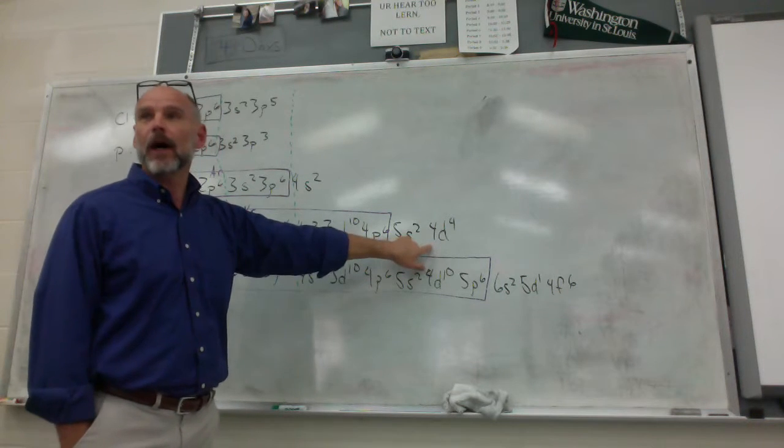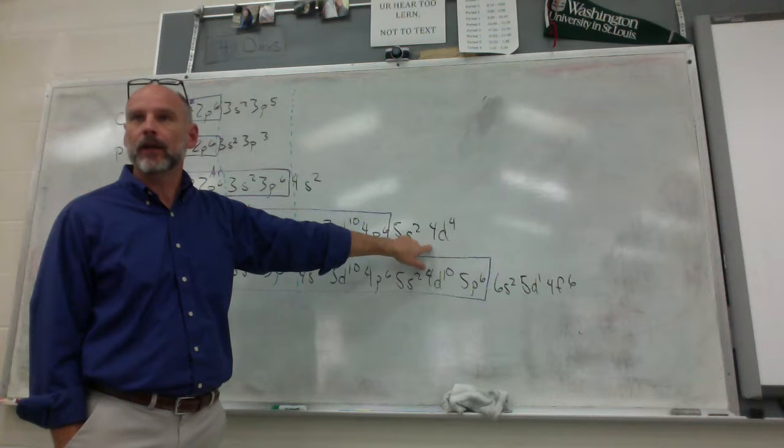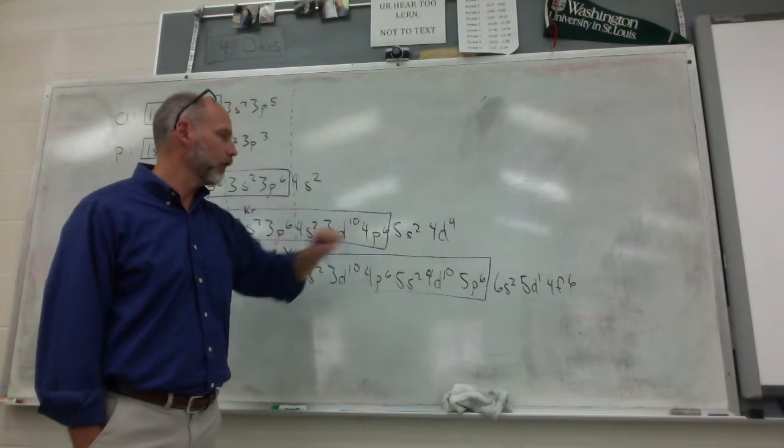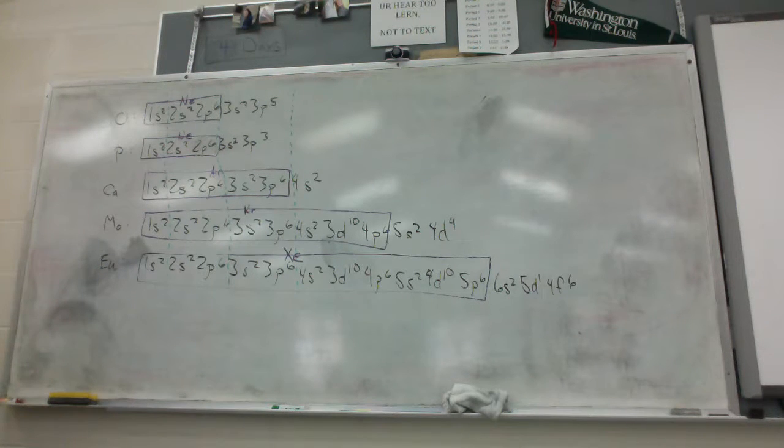Well, this is a little beyond that, but remember this is a transition metal. You can't do the valence electrons that way anyway. Interesting. So really, which electrons do we care about as far as chemical reactivity is concerned? Does anyone know? Valence electrons. So really, who cares about the rest of those, right?